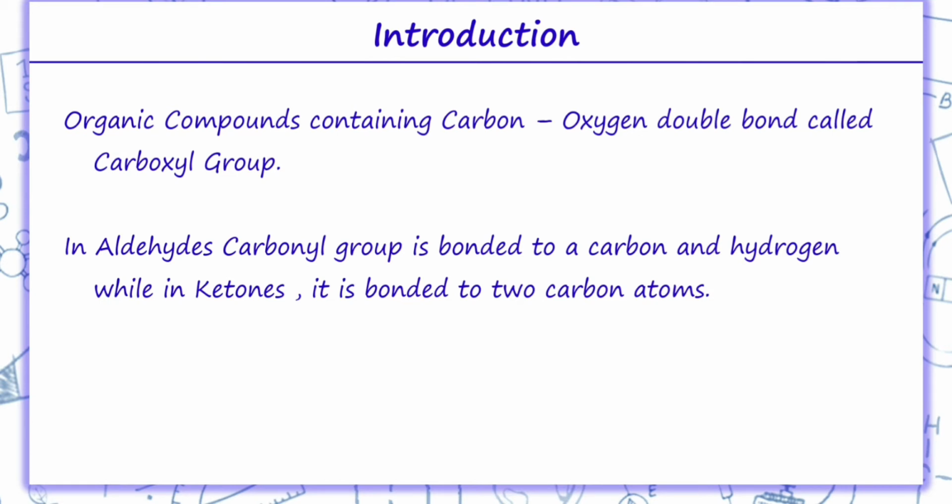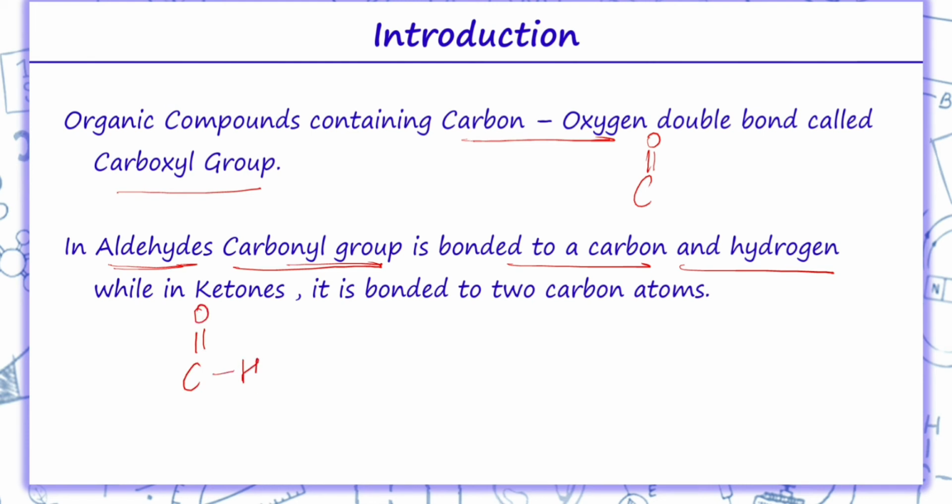So starting with introduction, organic compounds containing carbon oxygen double bond, that is C=O bond, are called carbonyl group. In aldehydes, carbonyl group is bonded to carbon and hydrogen, like we have this CHO.